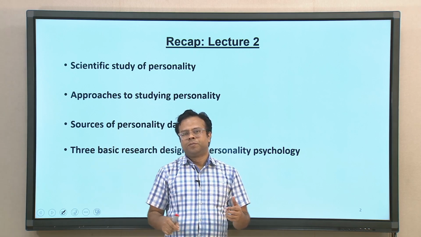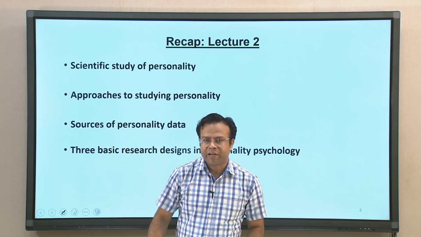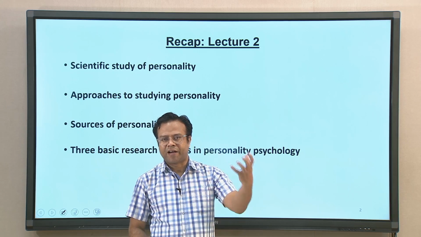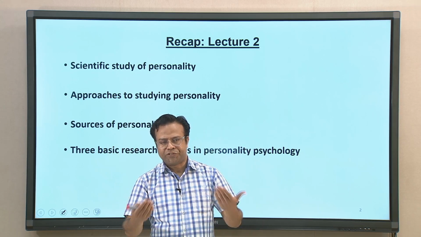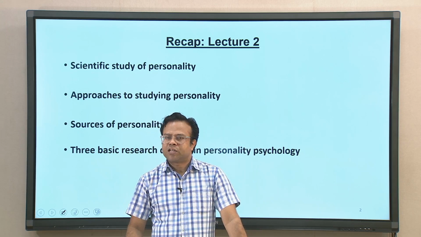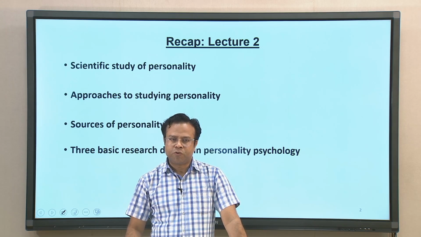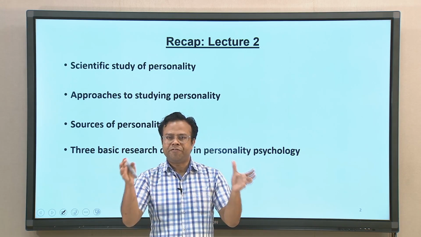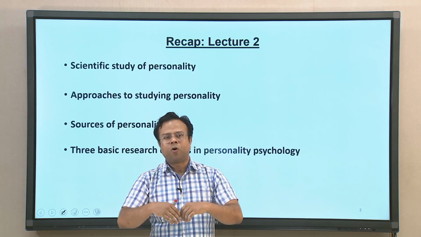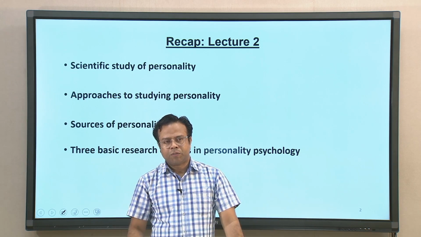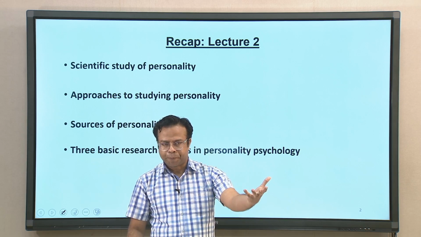Then we talked about life data, which are basically recorded data that are there in different files, social media and so on, which are a little bit more objective. And lastly we talked about behavioral data, which is the data of behaviors or actions performed by the person either in a laboratory setting or in a natural real life setting.